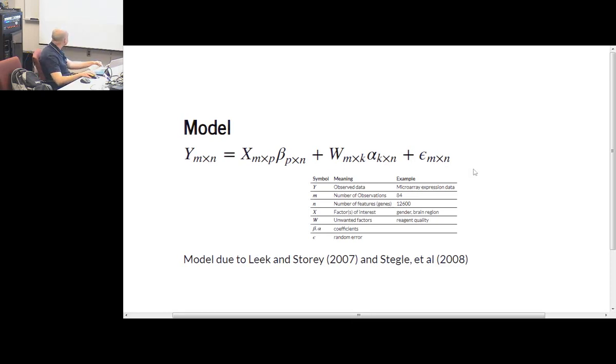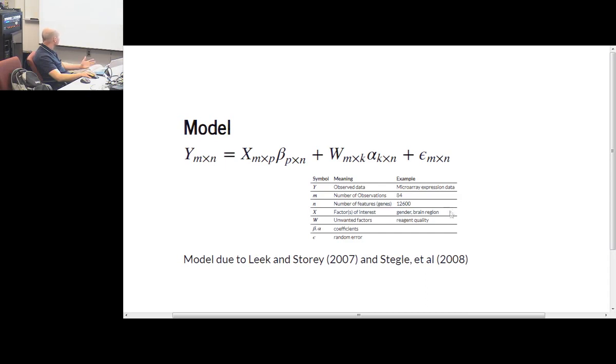And then I've got in this table here, Y is the observed data, m is the number of observations. In this case, it's 84. I lied a little bit at the beginning of the talk. I said that there were 90 microarrays. 6 of them, for whatever reason, are missing from GEO. So it's actually 84 that we have. There are 12,600 genes.